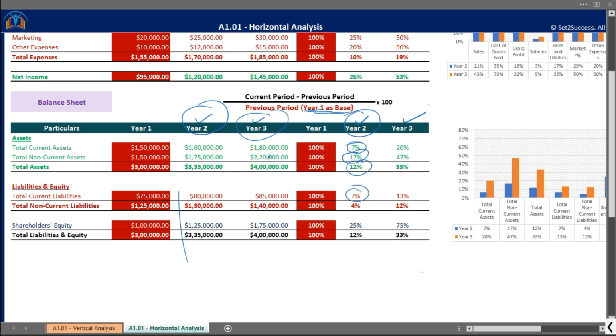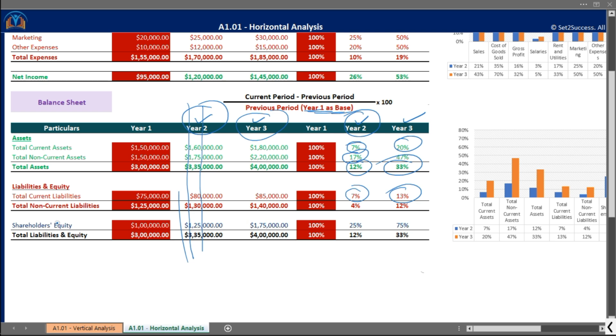So let us do for year 3. Now year 2 is over, so 180,000 will be compared with year 1. 180,000 minus 150,000 by 150,000, you are going to get 20%. For total assets, we have 400,000 minus 300,000 by 300,000, you are going to get 33%. For total current liabilities, we have 85,000 minus 75,000 by 75,000, you are going to get 13%.